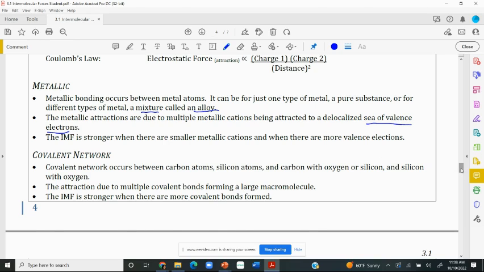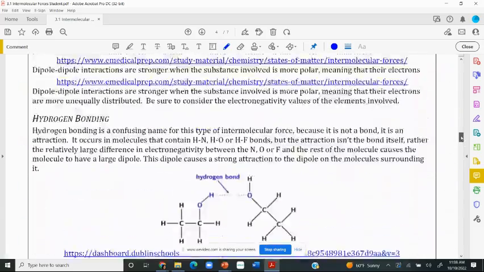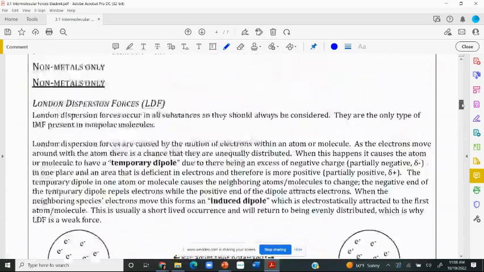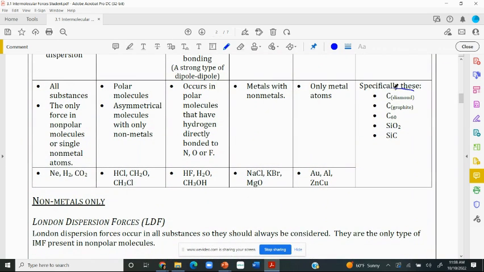Now, you need to memorize and commit these guys to memory right here. Memorize these. C diamond, C graphite, C60, SiO2, SiC, silicon.